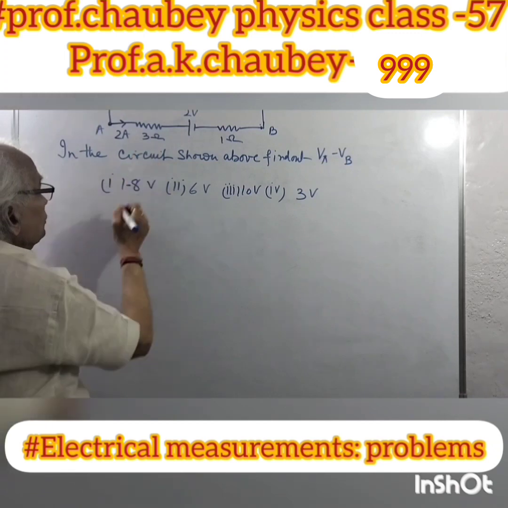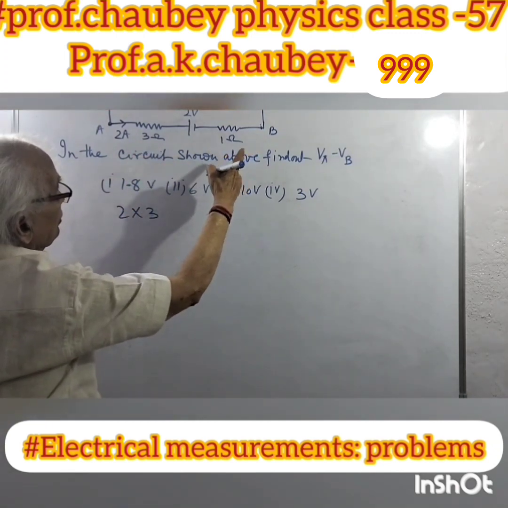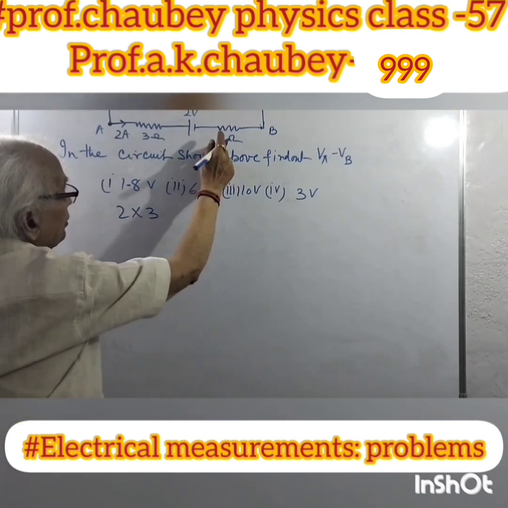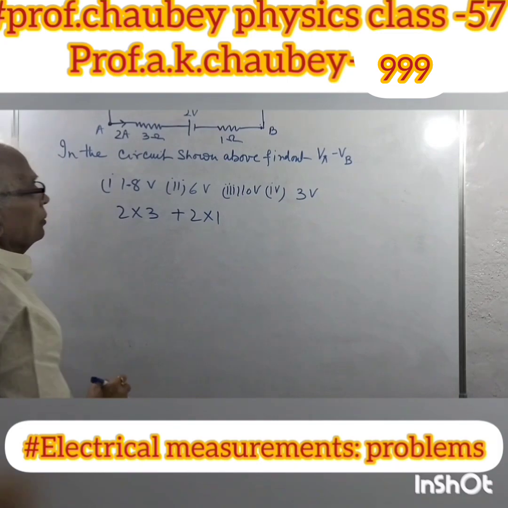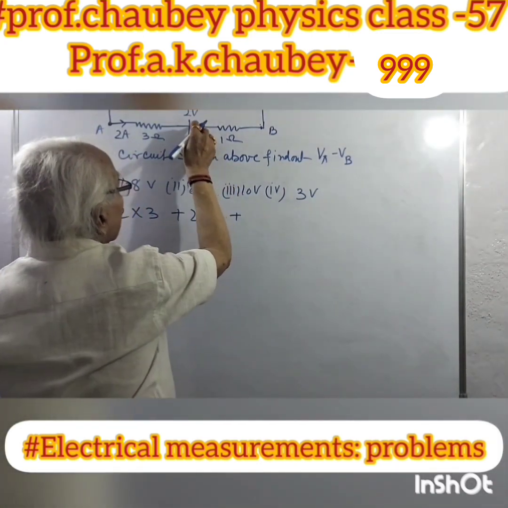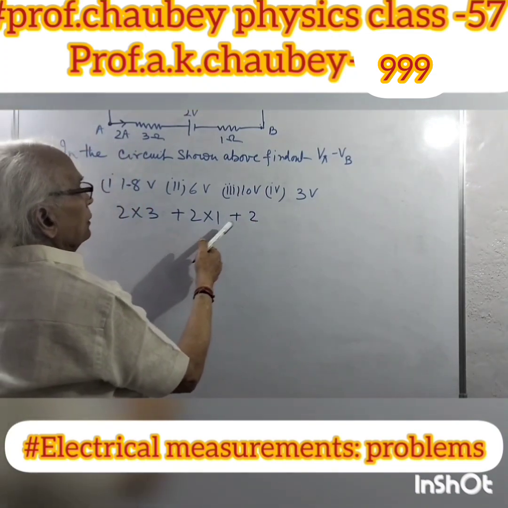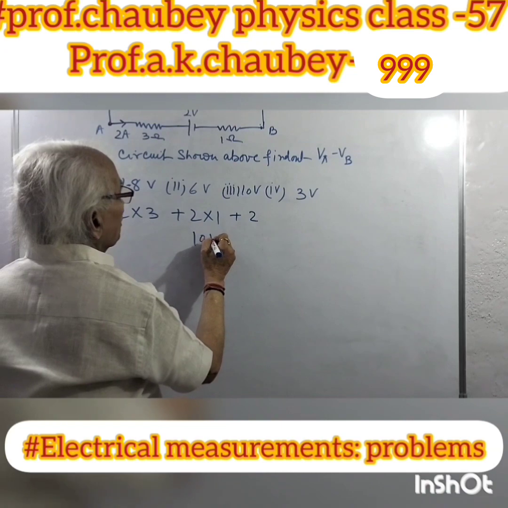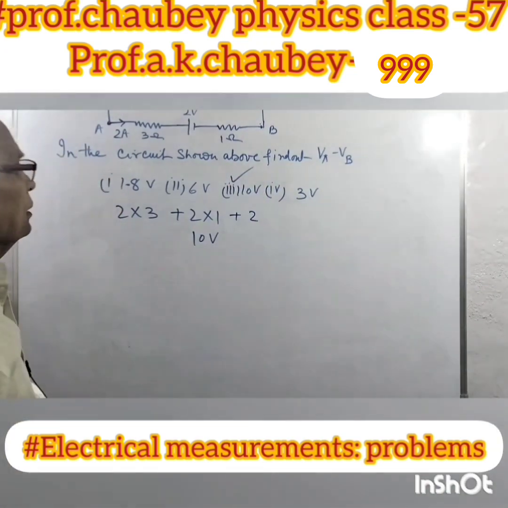See, 2 ampere into 3, 2 into 3, the same direction, plus 2 into 1, and plus this voltage, 2 volt. So 6, 8 and 10. 10 volts. So answer number 3 is correct.